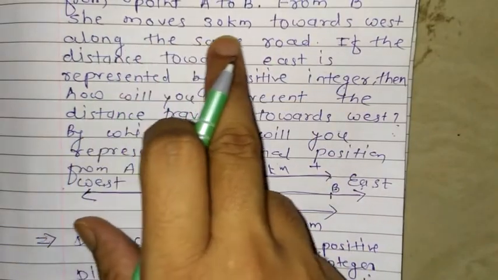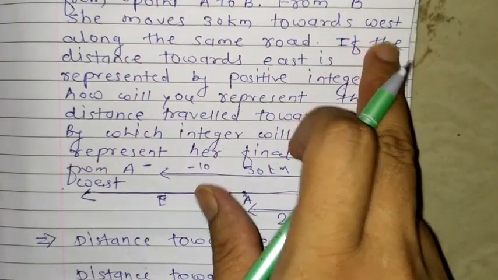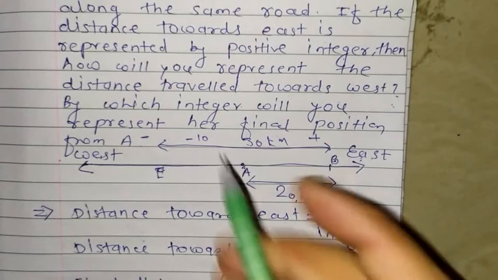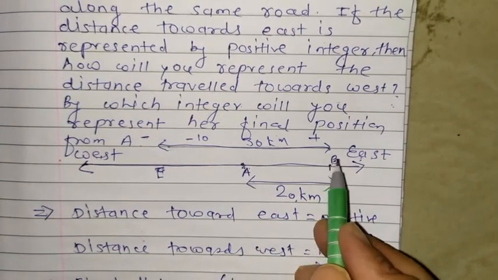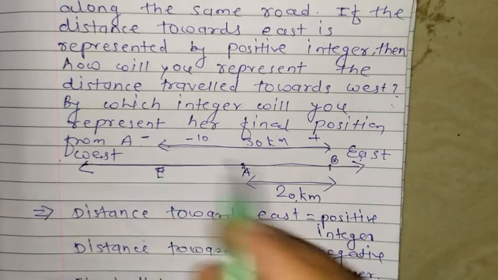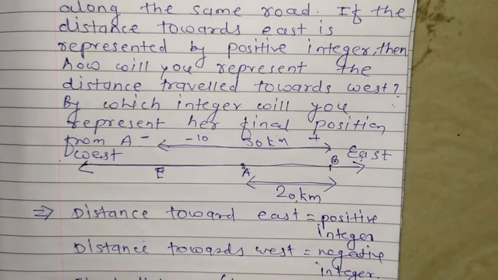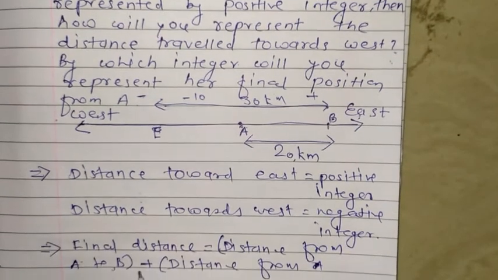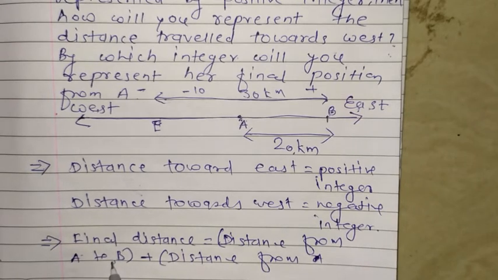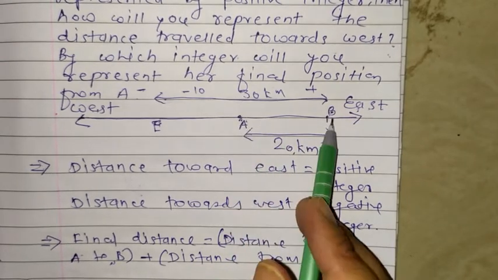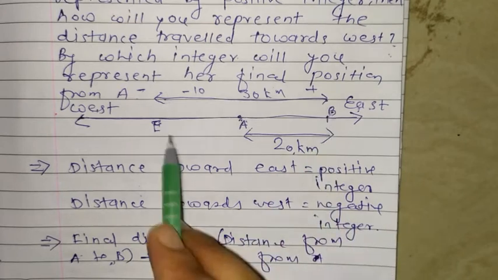And from B move 30 kilometers towards west. So this total distance is 30 kilometers. First they move from A to B, then they move from B to E. So first we write final distance equal to distance from A to B, this one, and then distance from B to E.